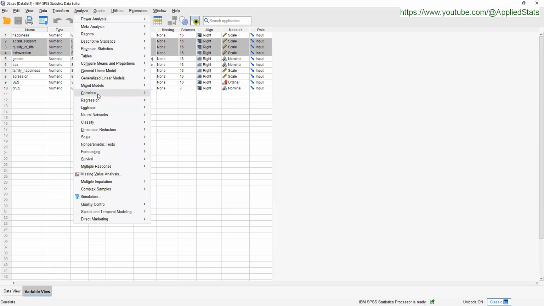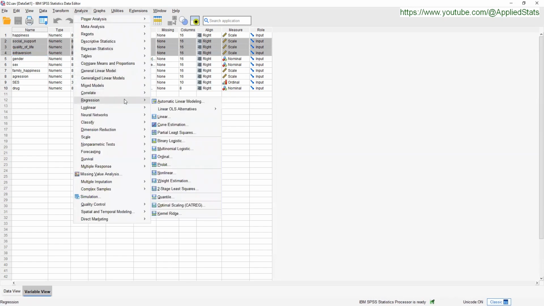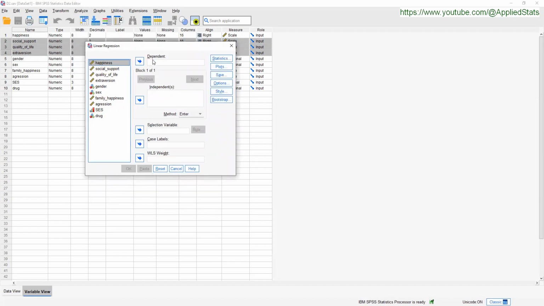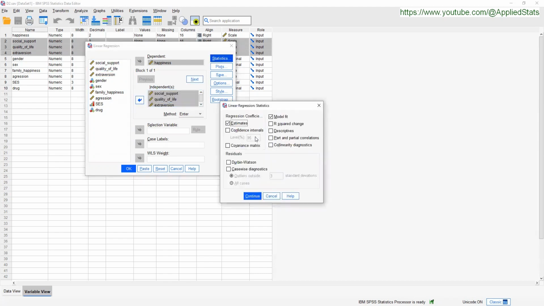Analyze, regression, linear. So you send happiness to the dependent variable box, and you select your predictors and send them to the independent variable box here. And let's click on statistics.